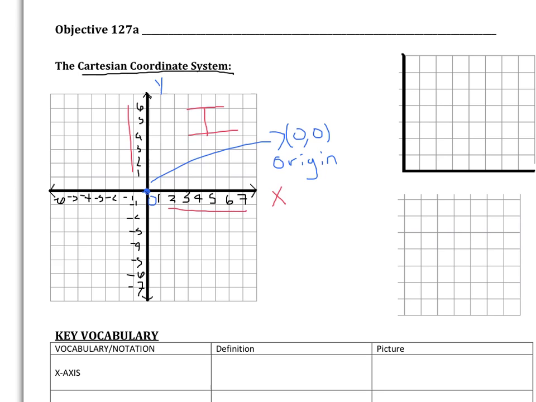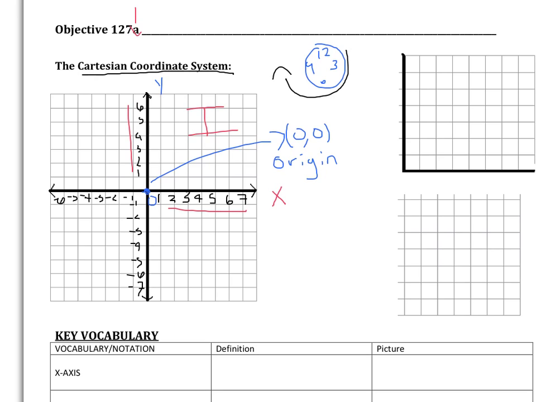Then the rest of the quadrants go counterclockwise. What I mean by counterclockwise is you think, which way does a clock move? And then you move backwards. So if we think of a clock over here, here's 12, here's 3, here's 6, and here's 9. Normally the hands on the clock move this way.